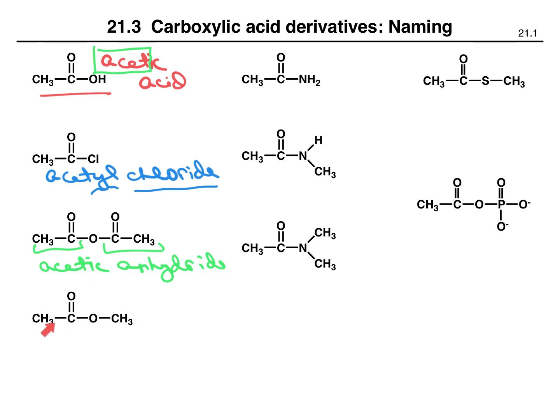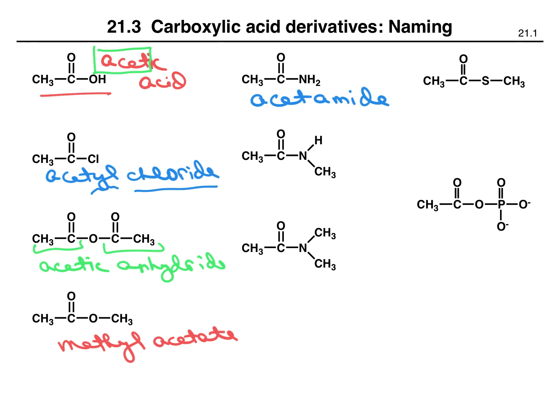The next compound is an ester. And so now we're going to take acetic acid and replace it with ate. And before that, we specify what the alcohol part of it is. So this is methyl. So this compound is methyl acetate. Actually, our next three compounds are all amides. So again, considering acetic acid as our base name, we are going to keep the acet part, but this will be acet and then amide.